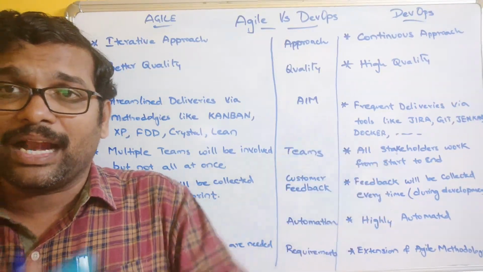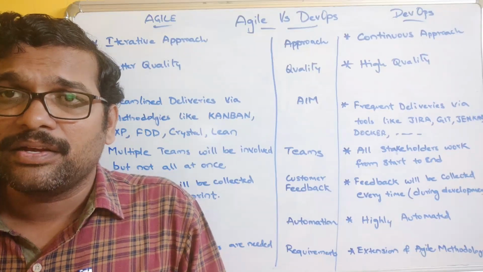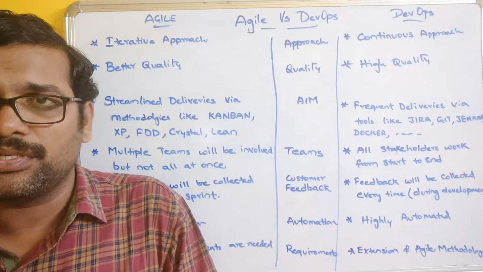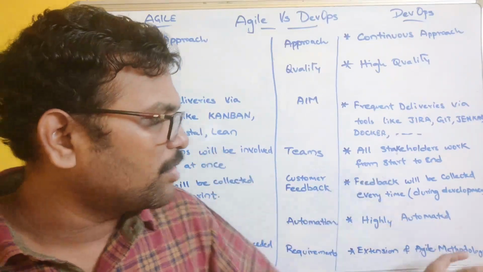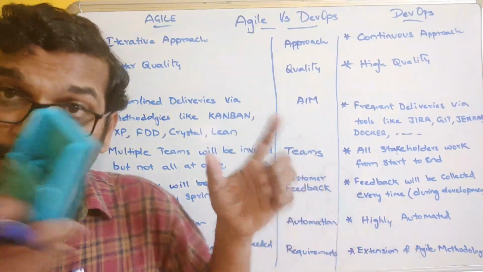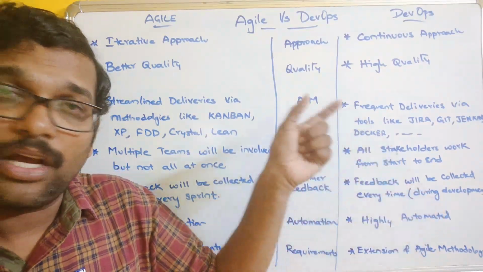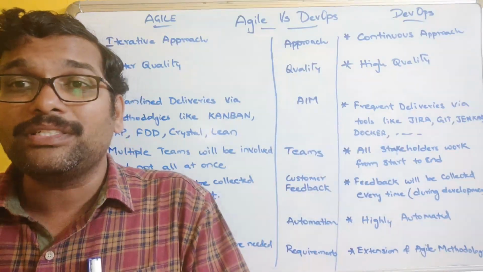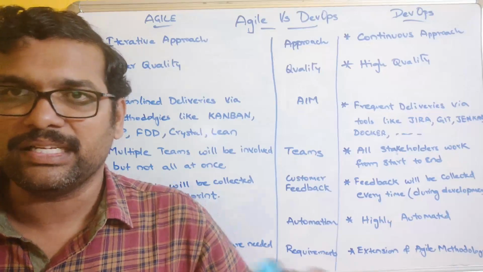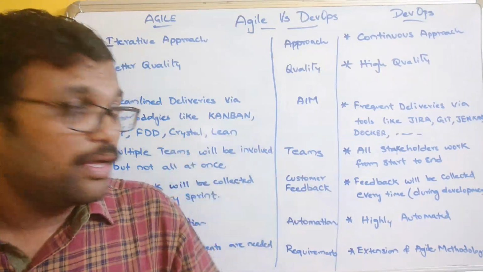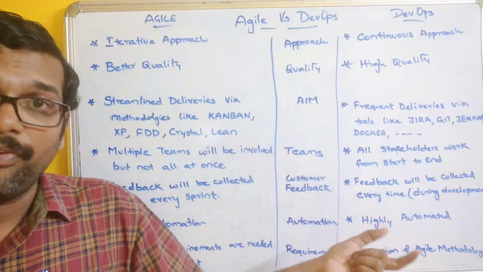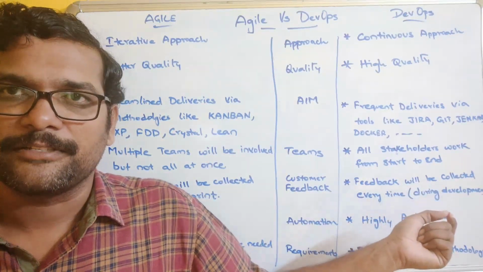We have seen there are different phases, and for each phase different tools are used, right? That is completely automated, and simply we can say this is an extension of the Agile methodology, because in DevOps also the project is delivered in frequent releases. But the release will be very fast here, because the customer is also involved in the process.